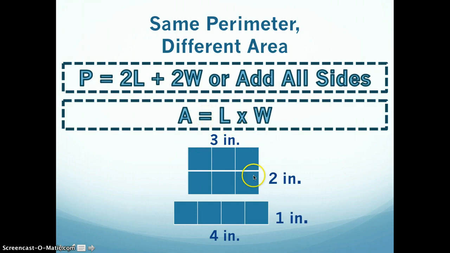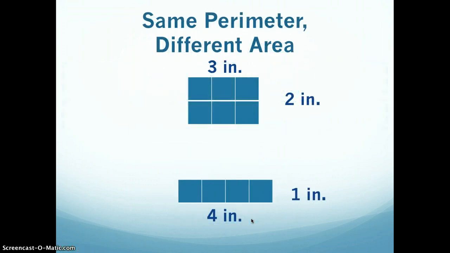So your two new rectangles down below have a length of 3 and a width of 2, and a length of 4 and a width of only 1. Now, if you were going to look for the perimeter of each of these, again, you could just add all the sides together, or you could plug it into your formula.